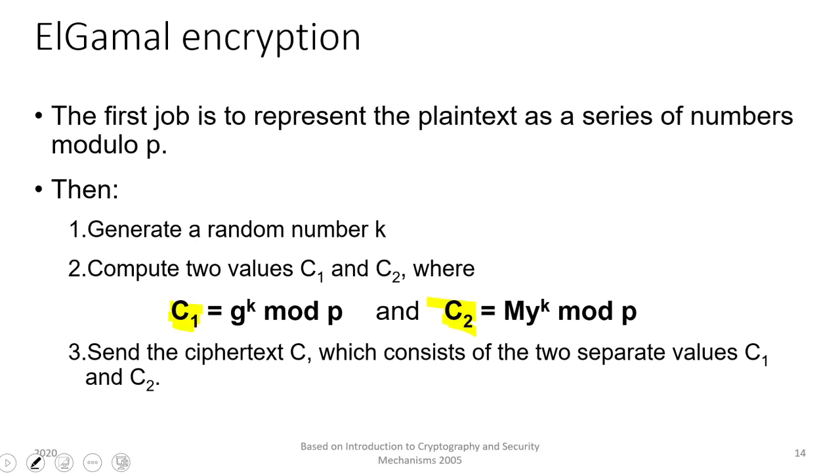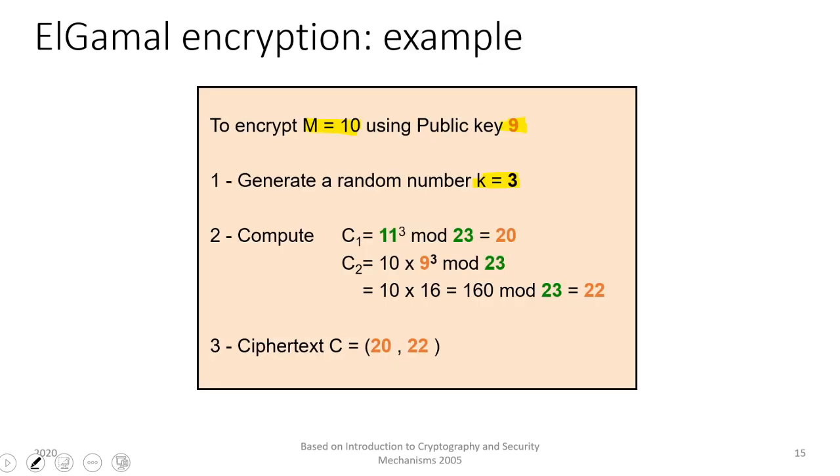C1 is G to the power K mod P. C2 is the message times Y to the power K mod P. This is where we consider the message. We calculate that using the public key, which is 9, and we calculate C1 and C2. Our ciphertext is the combination of both, C1 and C2.